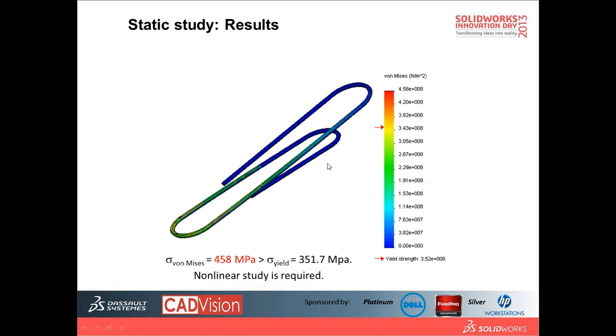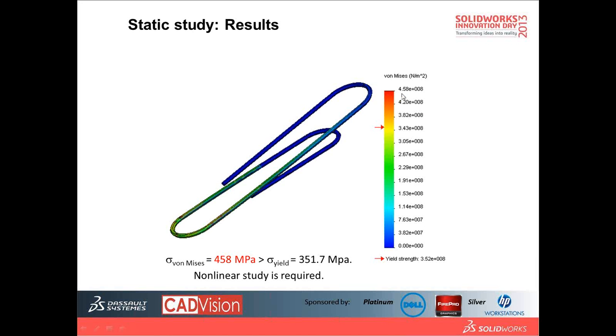If you run it as a static analysis, this is what we see. We can see on the chart there is a red arrow. This is the material yield strength, right? And we have the result.